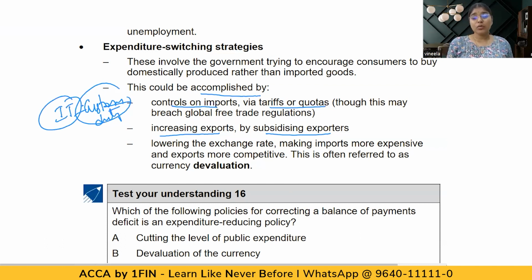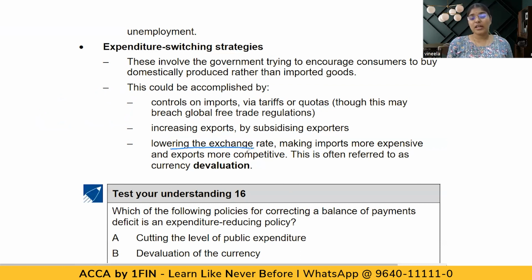And the other thing you will do is lower the exchange rate. That means you are trying to reduce your rupee value. As the rupee value is reduced, outside people will purchase more of your goods with the lesser value of their currency. Before, assume that $1 is nothing but 80 rupees. Assume that now the rupee value has decreased and it has become 100.